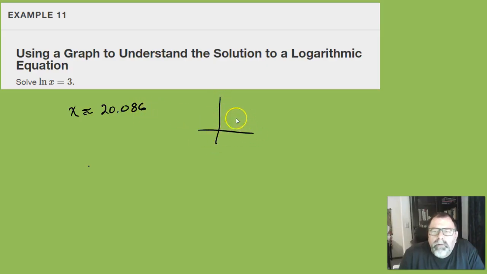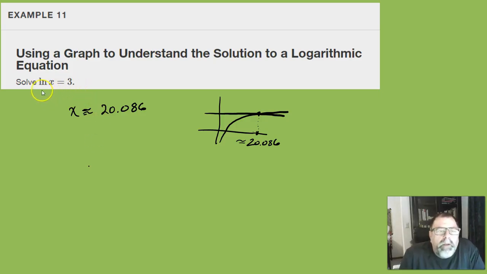So again, we do the log function. Ln of x is something like this, and then y equals 3, and we look for that intersection point, and it was at 20.086 about.